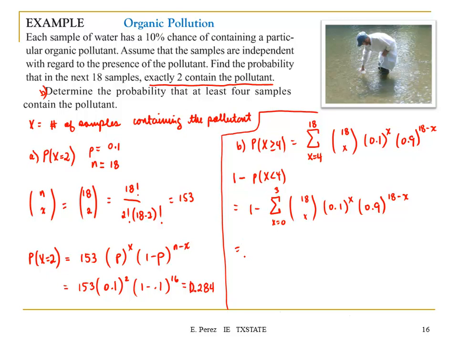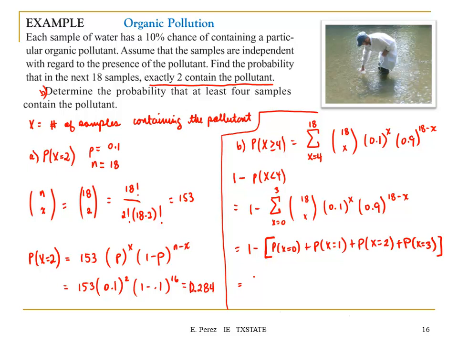So again, this is 1 minus the probability of x equals 0 plus the probability of x equals 1 plus the probability of x equals 2 plus the probability of x equals 3. And again, now for each probability, you need to solve this.